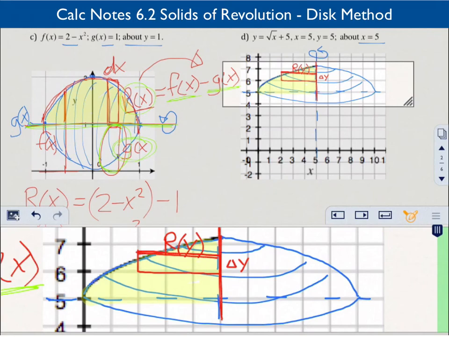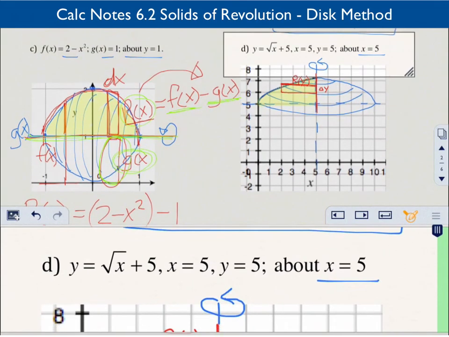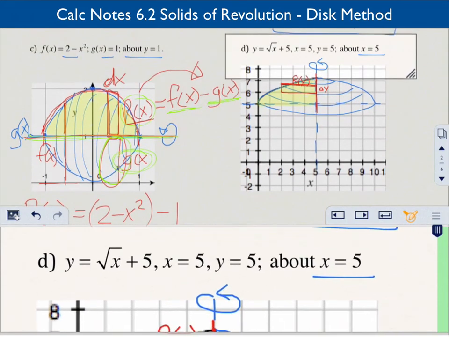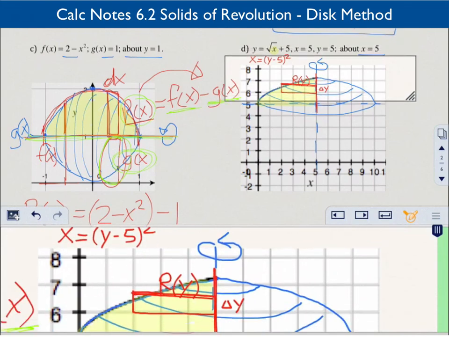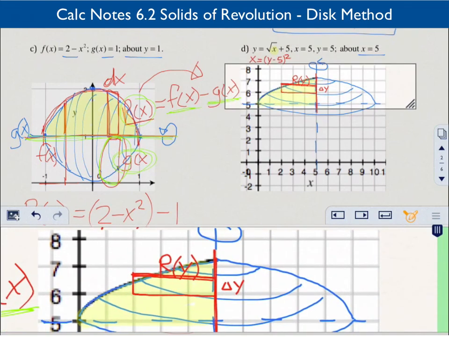Well, the first thing we have to do is solve for x right here. Okay, so we would actually subtract 5 and then square both sides. So x is going to equal y minus 5 squared.